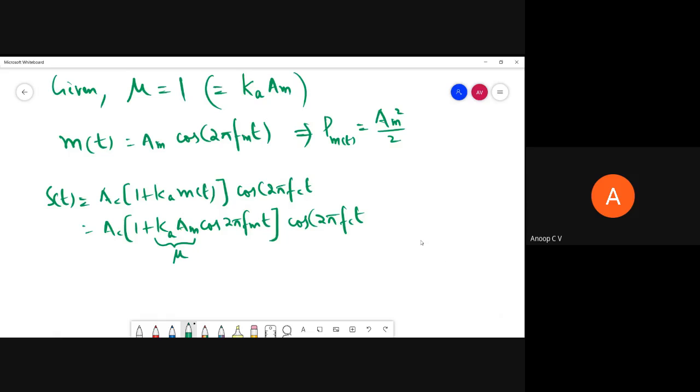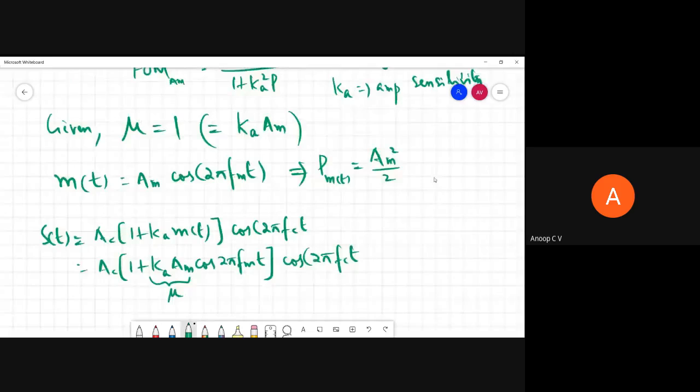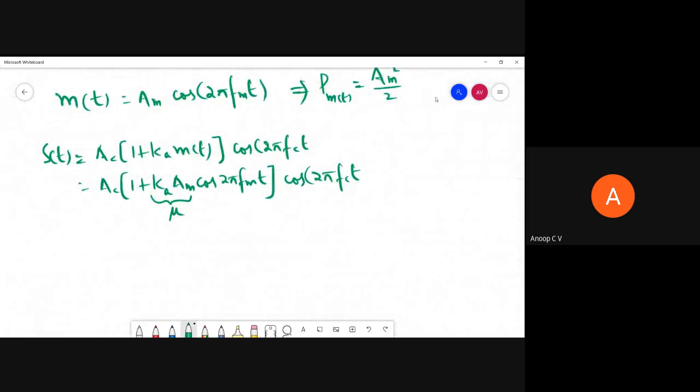Now what we'll do is substitute the value of P in the expression of figure of merit. Figure of merit of AM is equal to Ka square P divided by 1 plus Ka square P. P was nothing but Am square by 2.